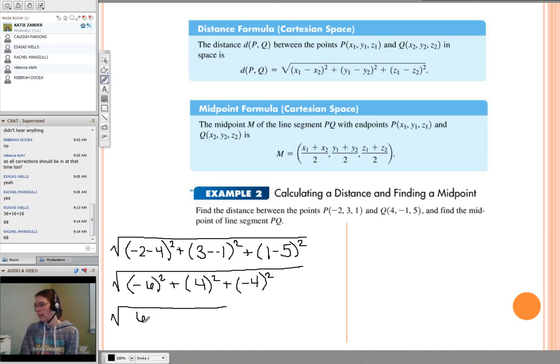68. Okay. Now we can try to simplify the square root of 68. We can turn that into a decimal, or we can leave it as a radical. What's the decimal answer of the square root of 68?